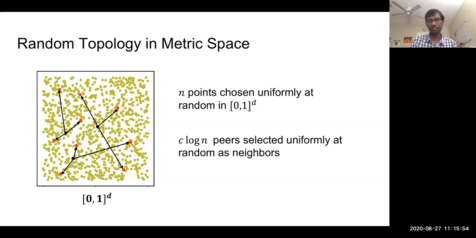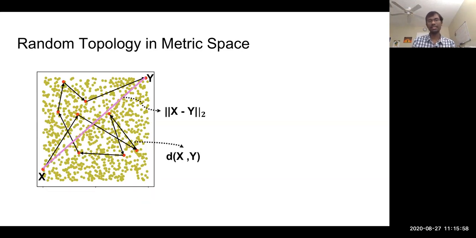Now, once we have this model, it's a very simple model. We can ask the following question. If we take 2 points in this picture, by how much does the shortest path distance from x to y on this random topology exceed the geodesic shortest path, or the physical shortest path from x to y?